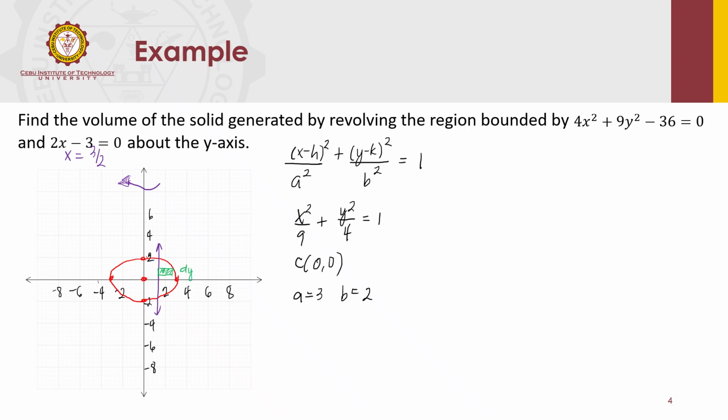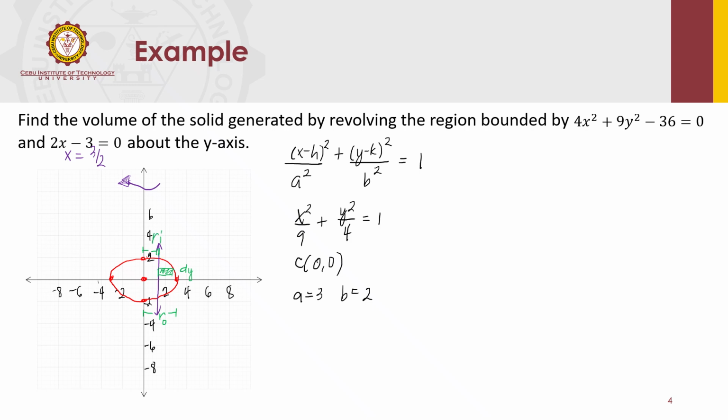The outer radius is the distance from the axis of rotation, the y-axis, to this right end of the horizontal strip. So this is our outer radius, r sub o, and then the inner radius is until here, the left end of the horizontal strip.